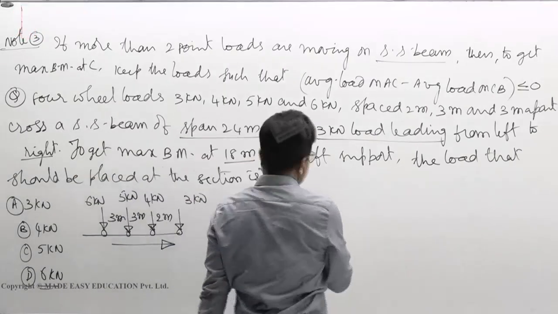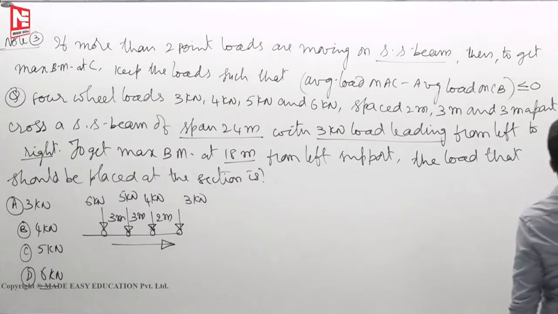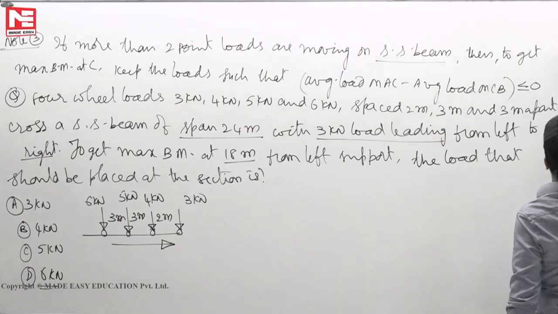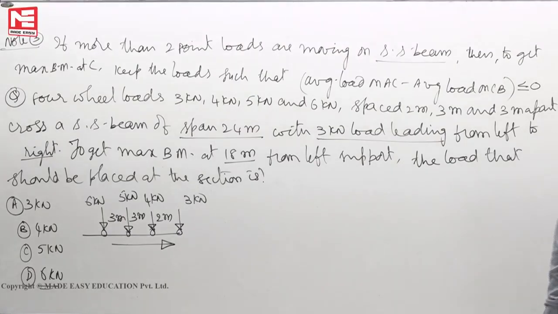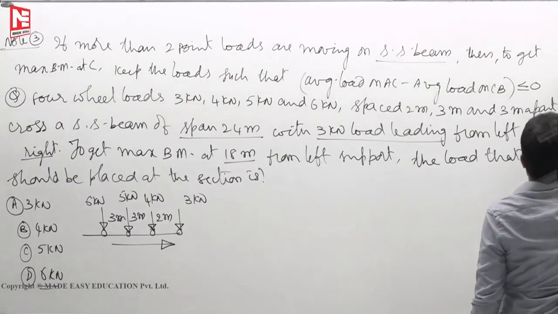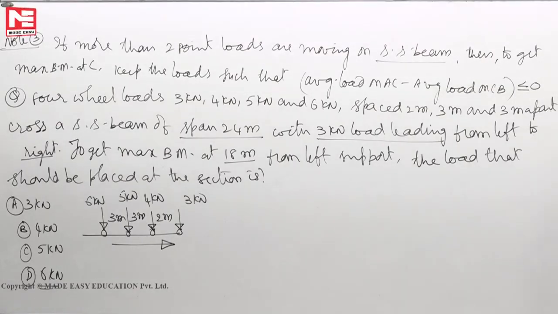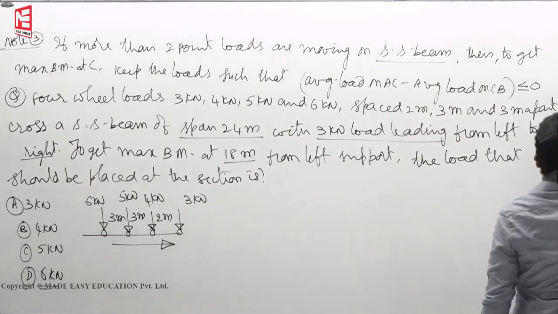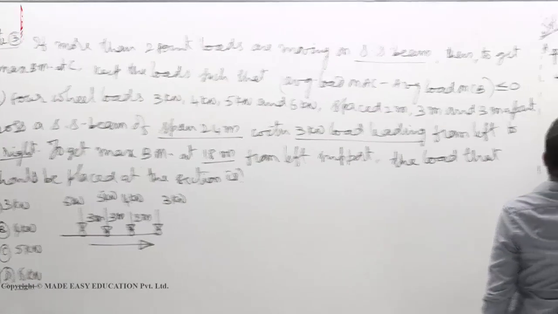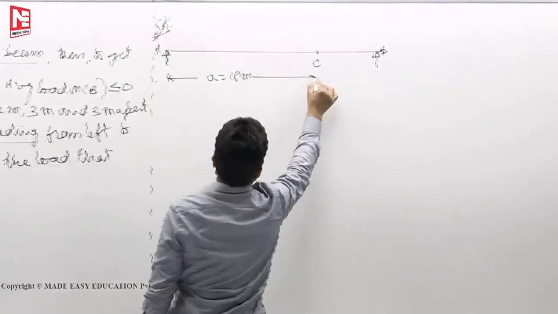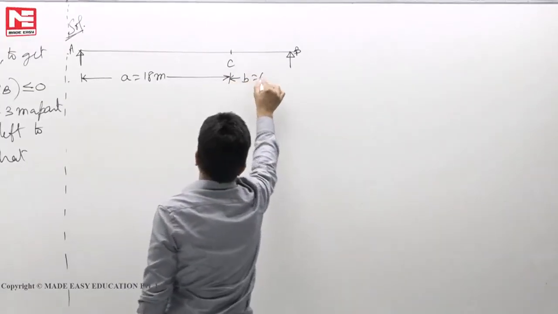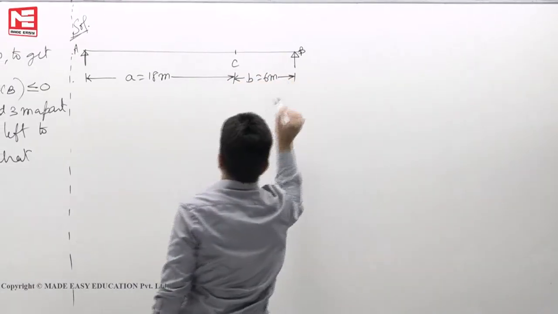Okay. Now let us see, this is our problem. This point, let us say A, B, somewhere here C is there. This distance A is 18 meters from left support, B naturally will become 6 meters.